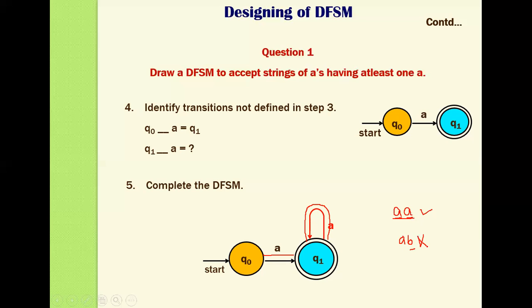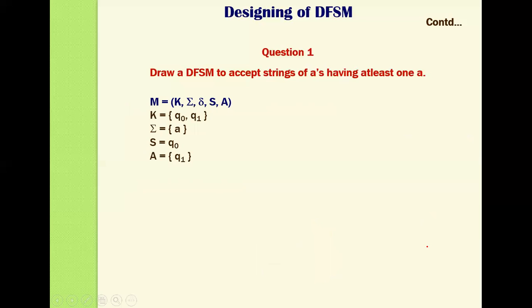Once you complete the DFSM, you need to write down all the tuple values. It is DFSM, so M is a 5 tuple machine. It is having 5 tuples: K, sigma, delta, S and A. K is nothing but the set of all the finite states.